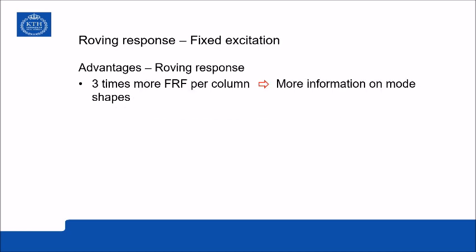Now, if we go to the other alternative, roving response, fixed excitation, the advantage now is that we have actually 3 times more frequency response functions per column. And that means, in fact, that we have 3 times more information on each mode shape.